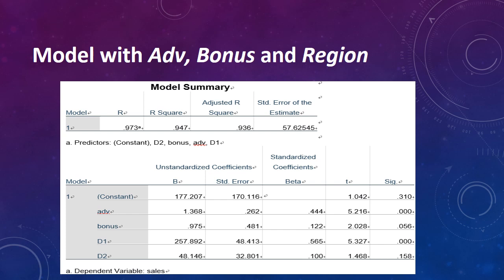The p-values for advertising and D1 are very small, but the problem is that the p-values for bonus and D2 are a little bit high. So we may want to know if bonus and D2 are useless or if they are causing an overfitting problem. So we need to run a nested regression model to see that.